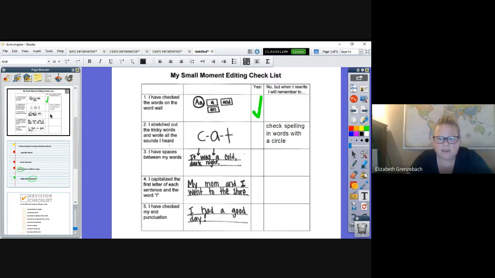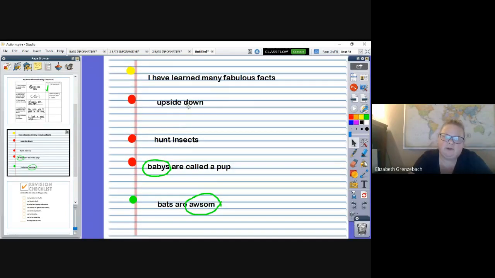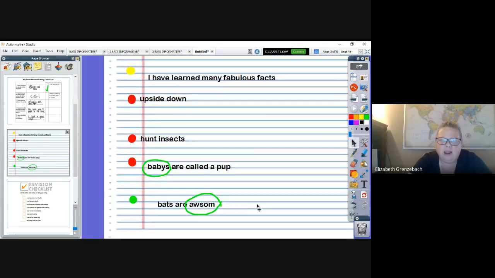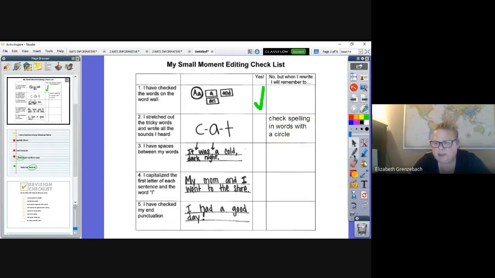Okay. So we did this number 2. I have spaces between my words. Now I know, because we're doing virtual learning, that I use my computer to space things. So I know it's right. But you, my friends, are writing on paper here. So because you're writing on paper, you need to make sure that you used your finger spaces.